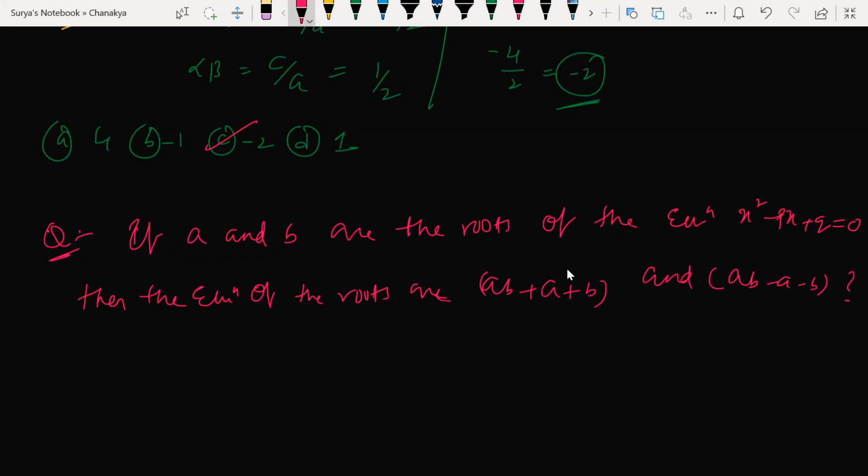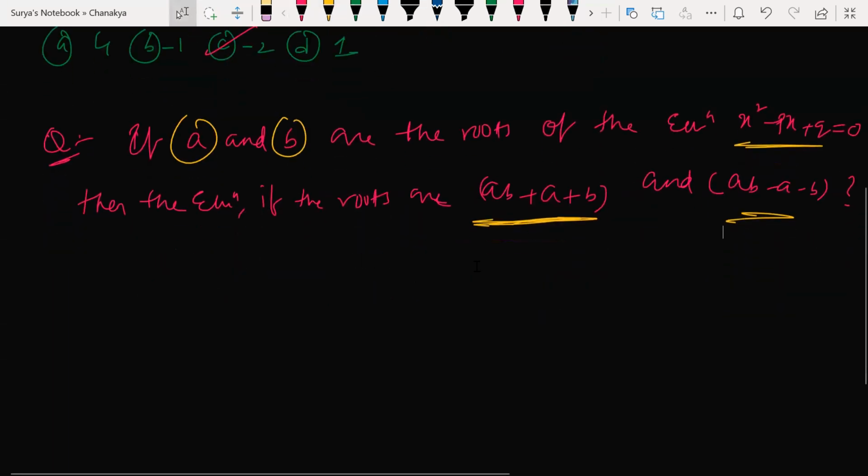If this and this are the roots, what is the equation? Very simple.